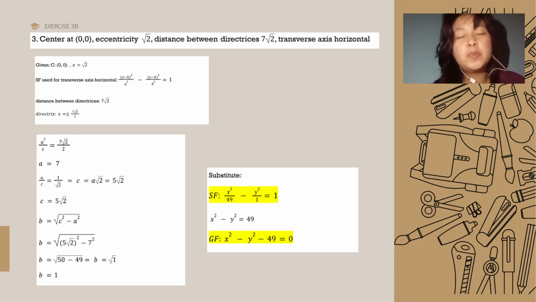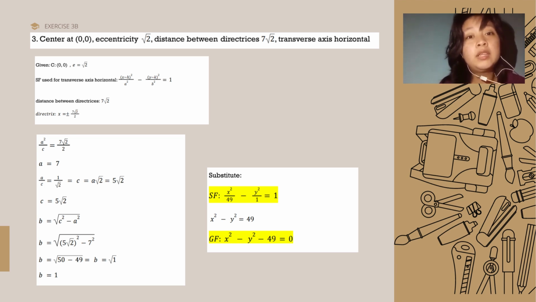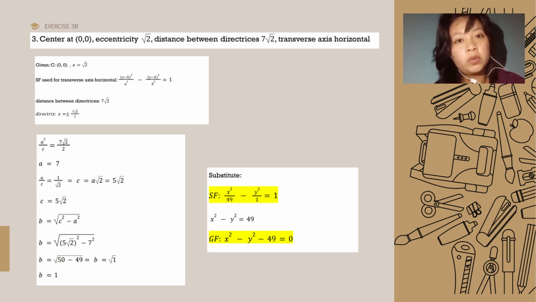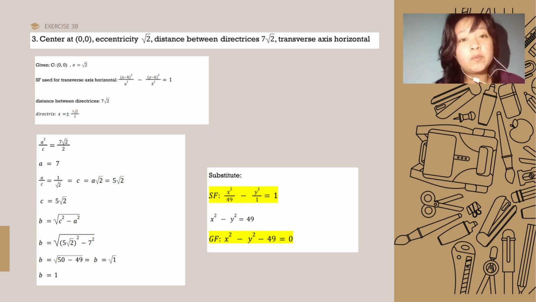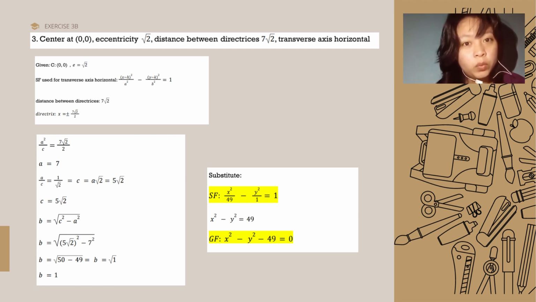So the distance between the directrices will be the 7 square root of 2, wherein our directrix is equal to x equal to positive and negative 7 square root of 2/2. So in order to find a, we need a squared over c is equal to 7 square root of 2/2, wherein a is equal to 7.